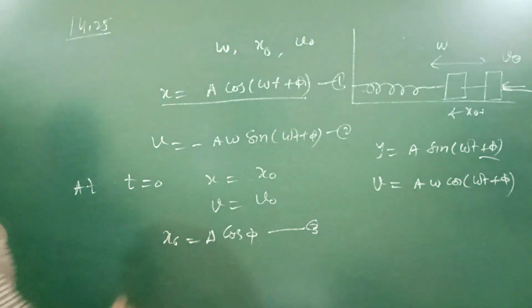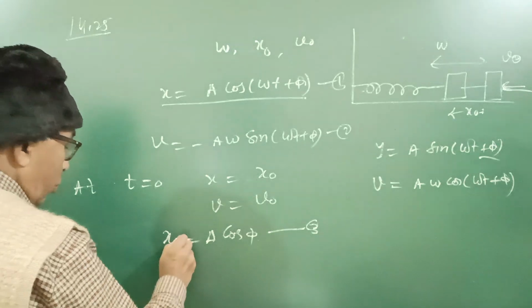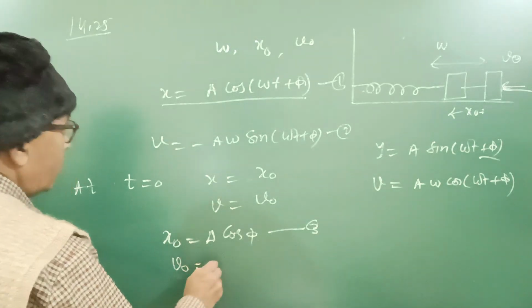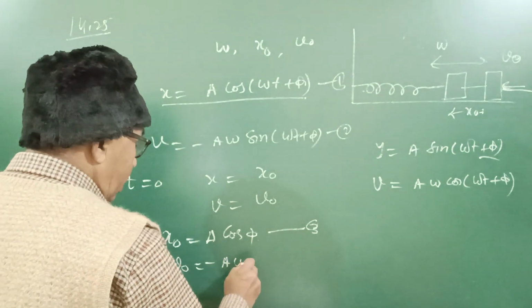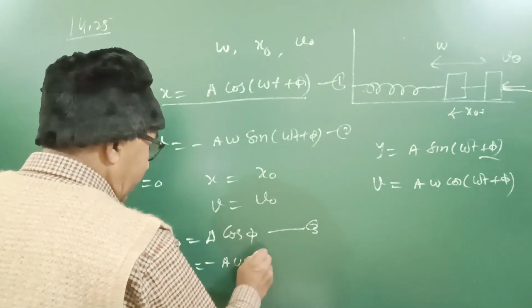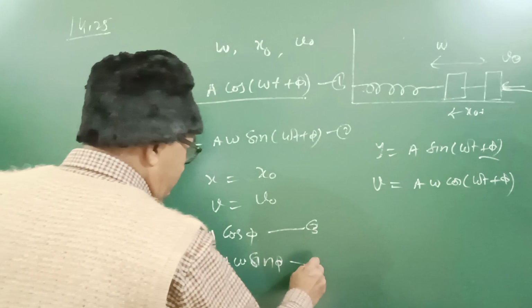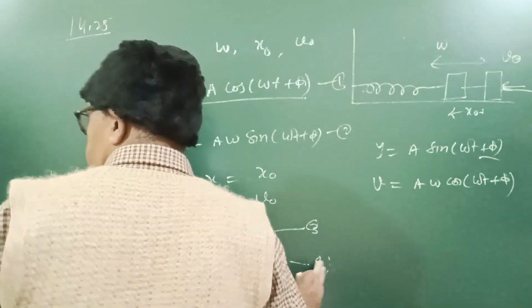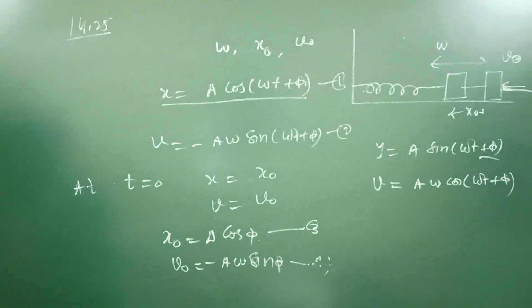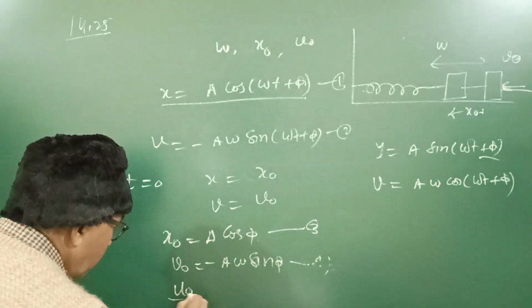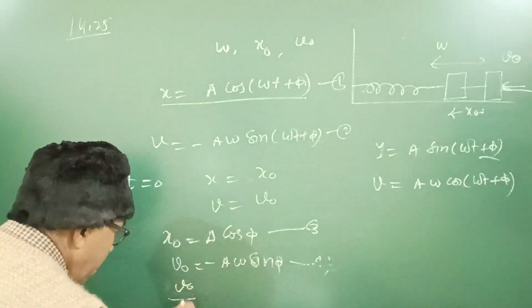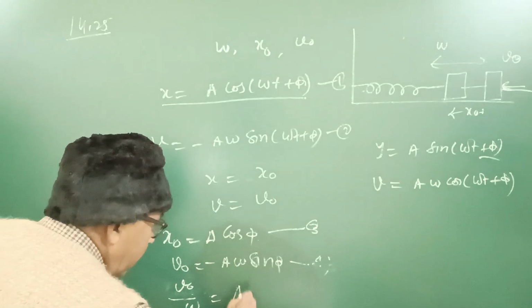Putting t equal to 0 here, v0 is equal to minus a omega sin phi. Now here v0 upon omega equal to a sin phi.